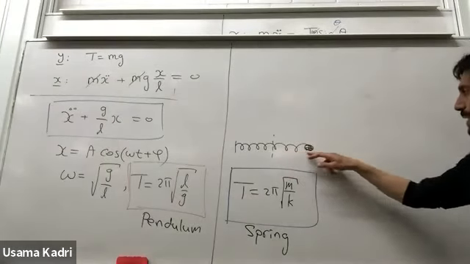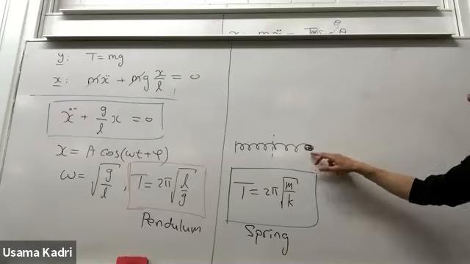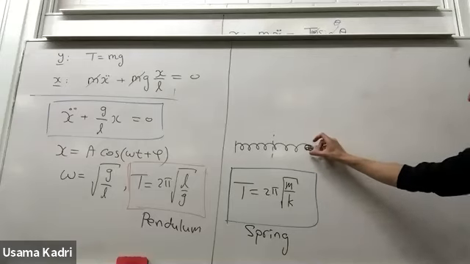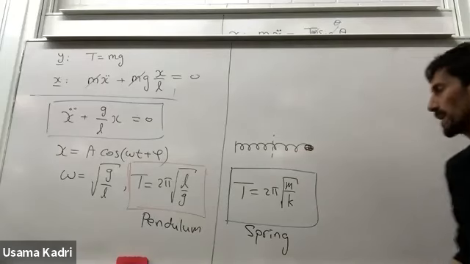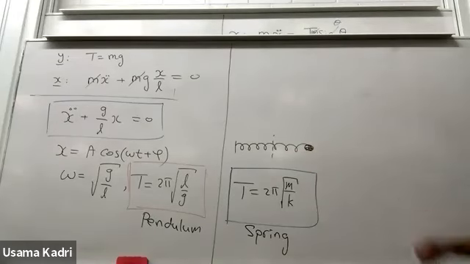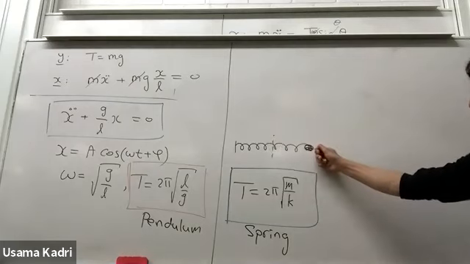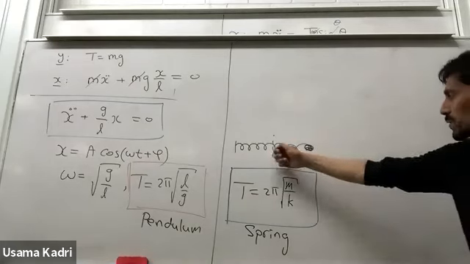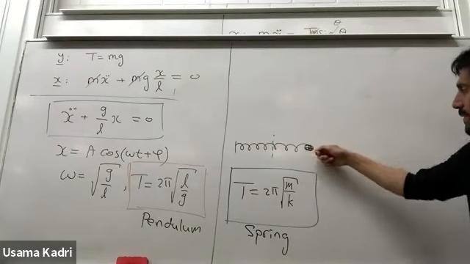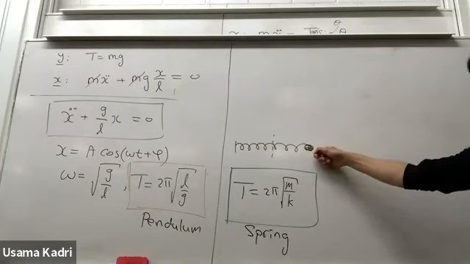Okay, if you take a spring and you pull it more, first of all, let's talk about the mass first. You pull the spring and you bring it to some point. You extend the spring to some point.